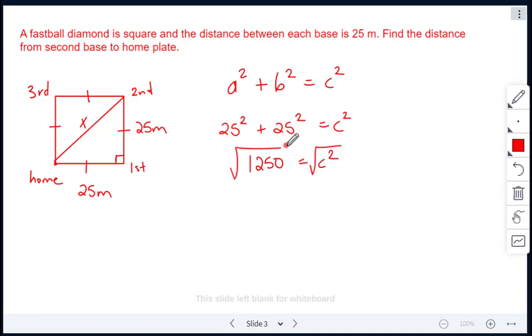Remember to take the square root of that. And we get 35.3553. So we just round that to the hundredths. So we round it to 35.36 is equal to, well, x is what we called it. And make sure we use our units there. It is in meters. All right, so we'll stop there for today.